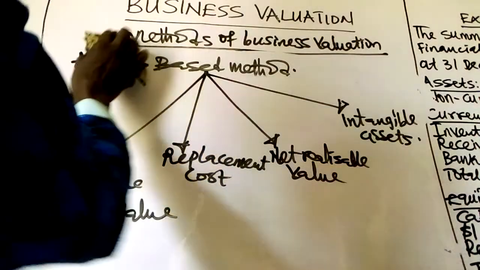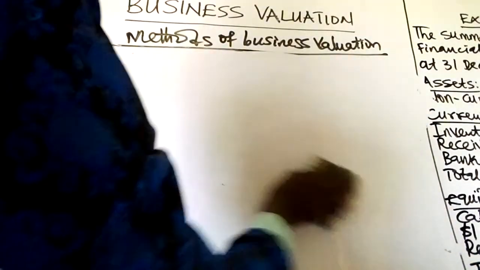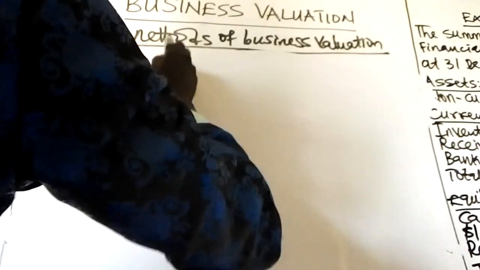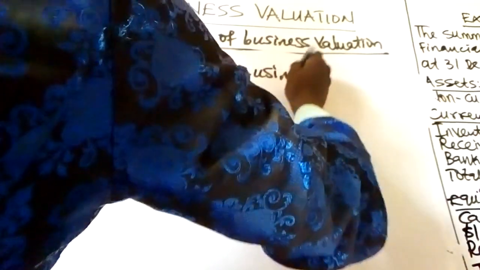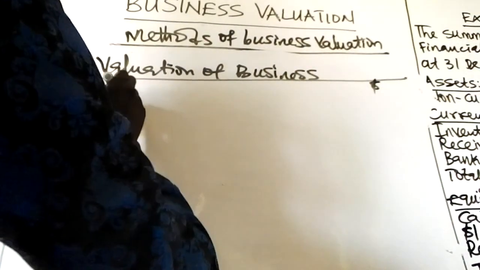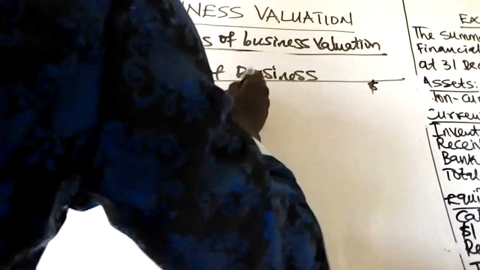So we are on the book value method of valuing business. Valuation of business using the book value approach. You are going to start with the non-current assets at book value.